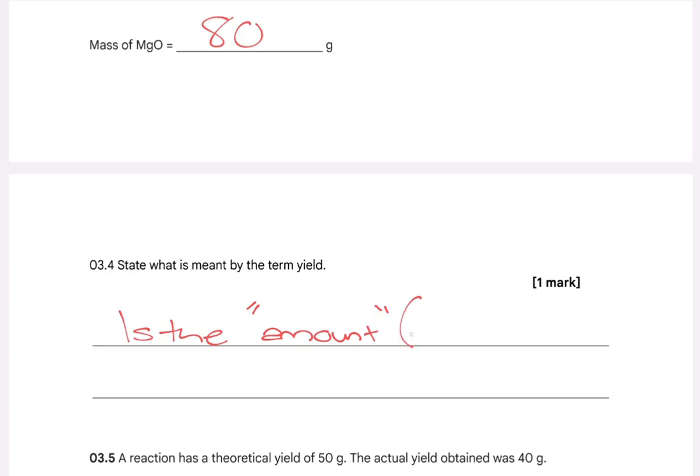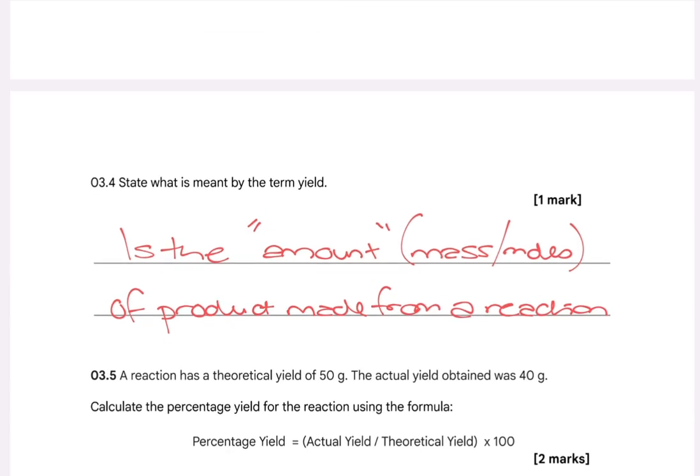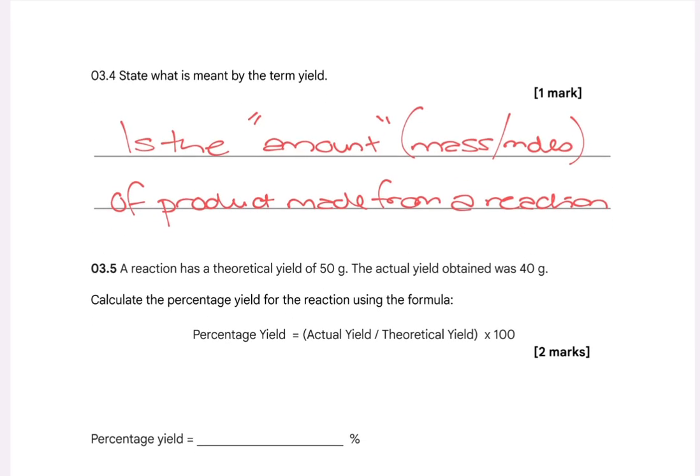So it's the amount, it's the mass, it's the number of moles, etc. But it's the amount of product made from a reaction. And quite often you would then be asked to calculate a percentage yield in a question, and that's exactly what happens in this next question.